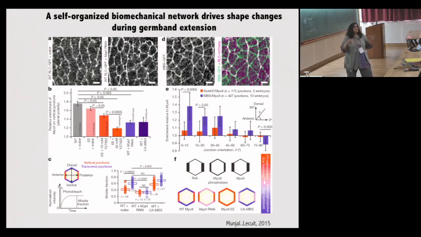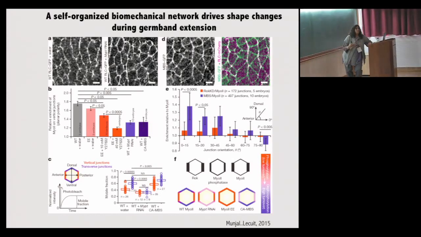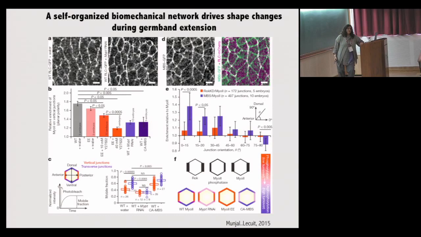If you took a sheet of cells in a dish or on a substrate and stretched them uniaxially, we know that has effects on the organization or packing of that monolayer. So deformation, for example stretch induced by other morphogenetic movements that overlap in time, would serve as triggers for this.